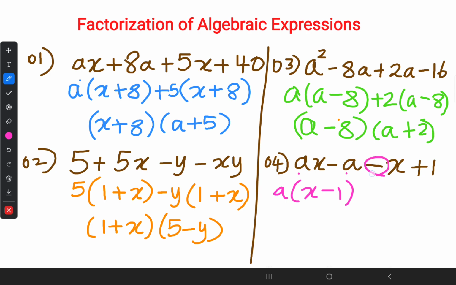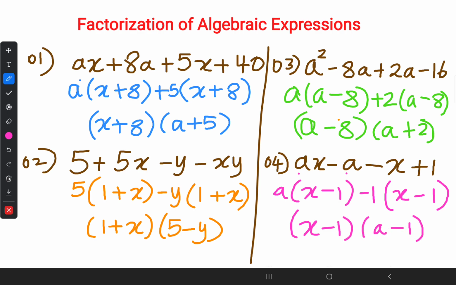Here the direction is negative, so I'll select negative 1. Negative x divided by negative 1 is positive x, and 1 divided by negative 1 is negative 1. So finally, it would be x minus 1 into a minus 1. That's the final algebraic factorization.